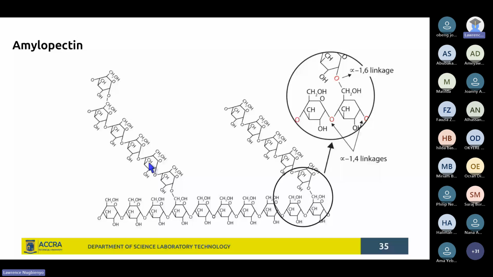Then you also notice that there is an insoluble part of the carbohydrate that doesn't dissolve. That insoluble part we refer to as amylopectin. So the two of them are in a mixture together, forming the molecule of starch.